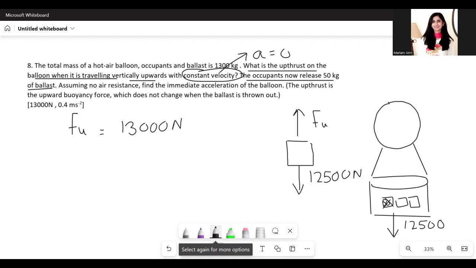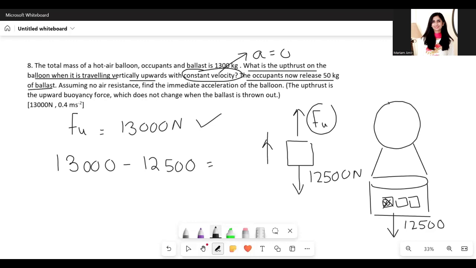The occupants now release 50 kg of ballast. Assuming no air resistance, find the immediate acceleration of the balloon. The upward thrust does not change when the ballast is thrown. So the upward force remains the same as earlier. So upward force minus downward force, or force in the direction of motion minus force against the direction of motion, is going to be equal to mass times acceleration.